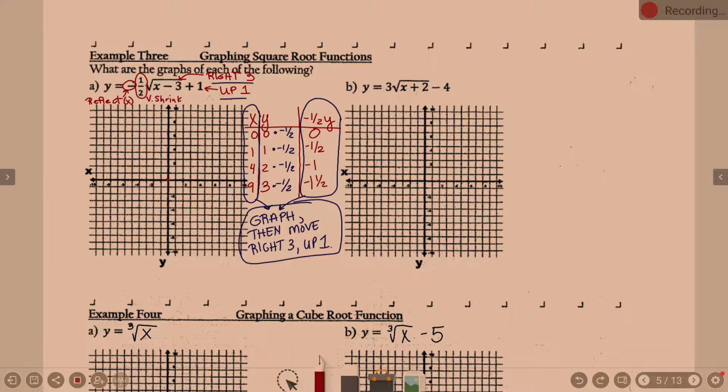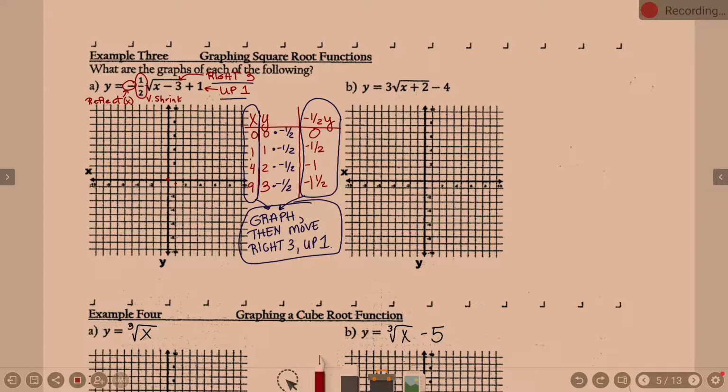Instead of 1, 1, I'm now going to graph 1, negative 1/2. So that means I'm going to go right 1 and down 1/2. Not the easiest, but you can cope. Instead of 4, 2, I'm now going to graph 4, negative 1.